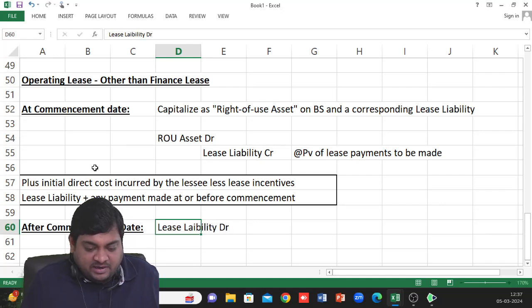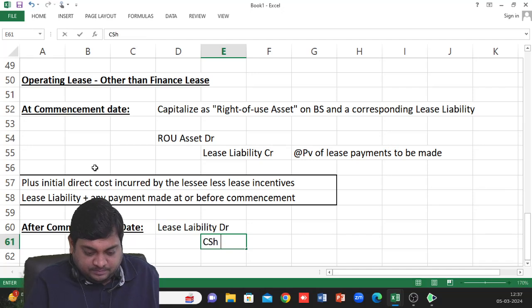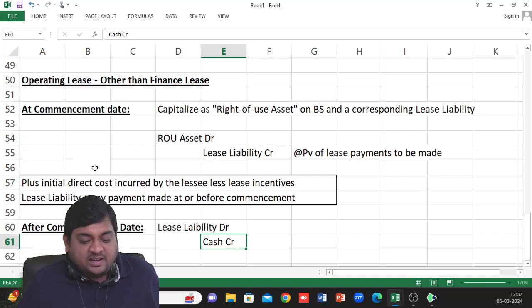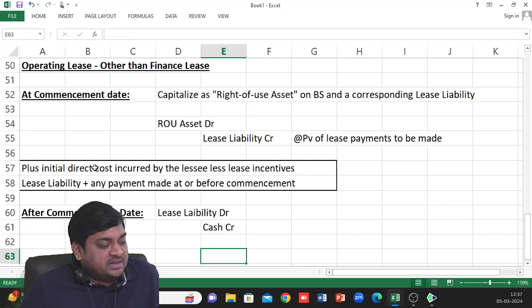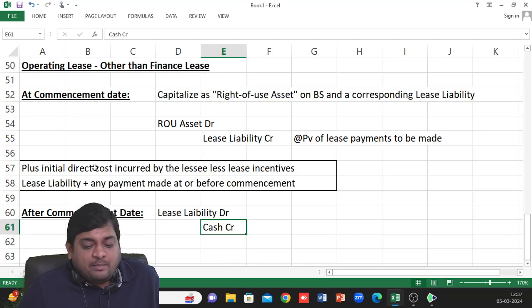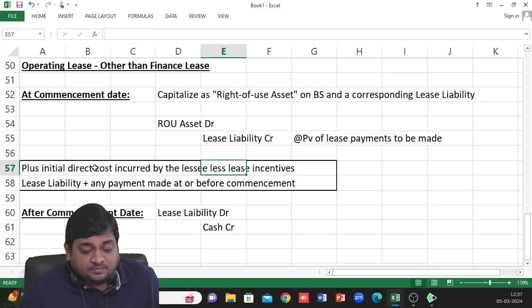Lease liability debit, cash credit, isn't it? So whenever I'm making a payment, this present value, this lease liability, is getting reduced, isn't it?